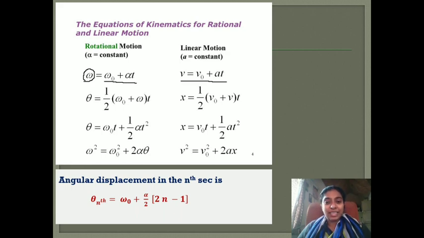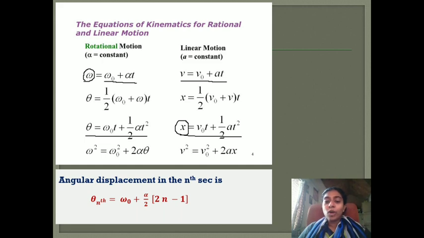Alpha is the angular acceleration. In the same way, x is equal to ut plus half at square. Here x is displacement, which is taken as theta. You can take the linear displacement as x or s, both are the same. So theta is equal to omega naught t plus half alpha t square.